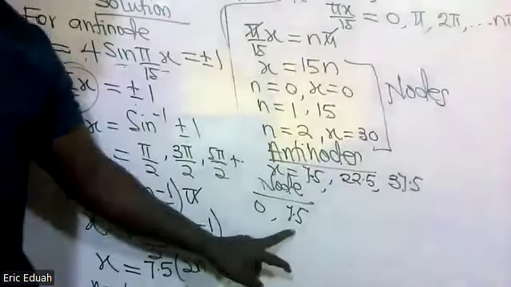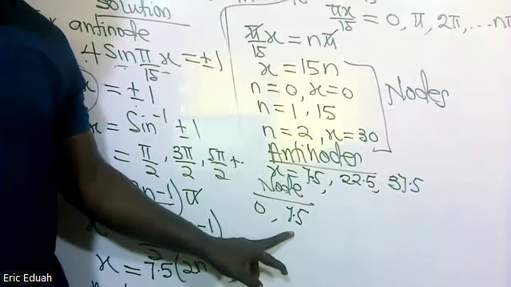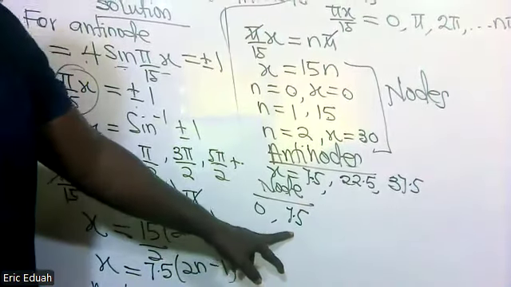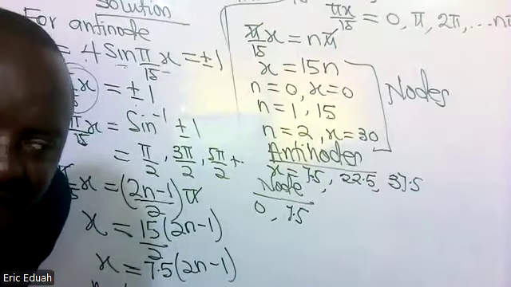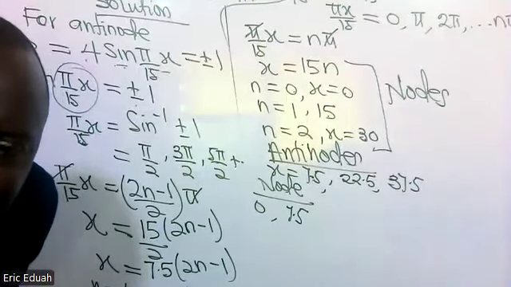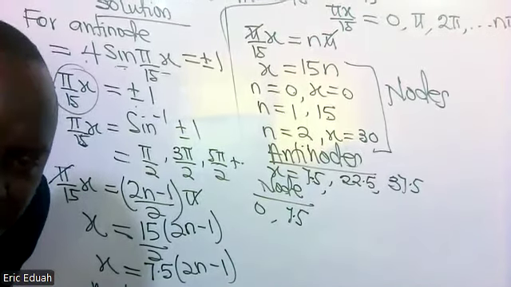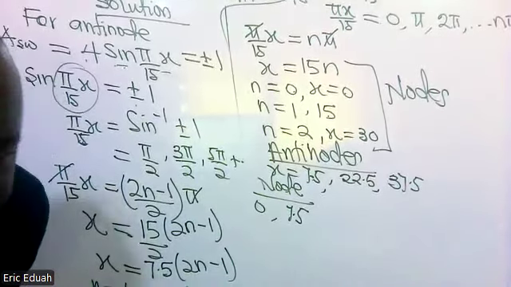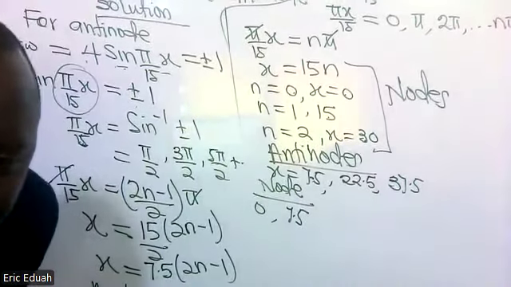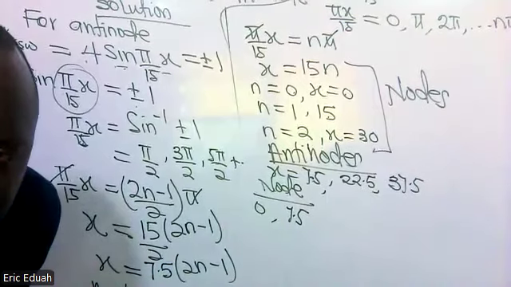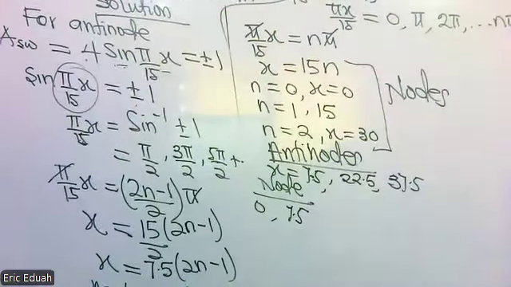The first antinode is located at 7.5. So what is the distance between a node and an antinode? It is 7.5. Let's locate the second node and antinode.